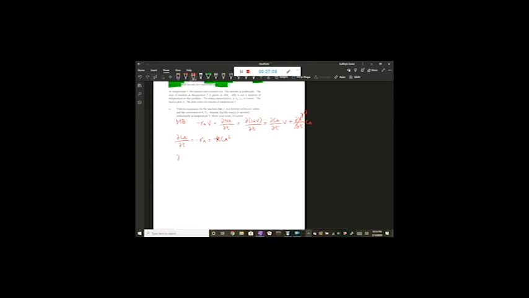So I have dCA over CA squared that I'm going to be integrating from CA naught to CA is going to be equal to K integral from 0 to T of dt. This, of course, is 1 over CA naught minus 1 over CA equal to KT.